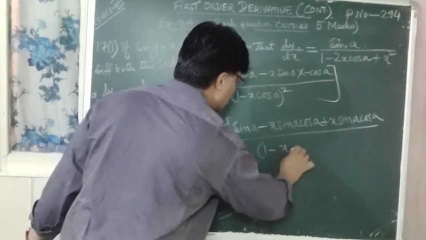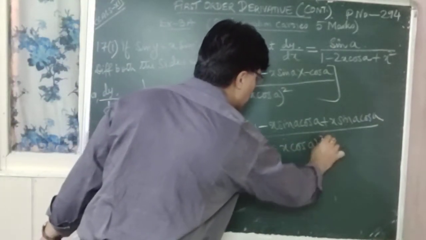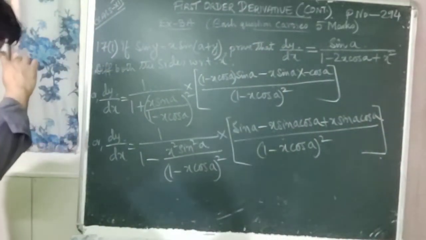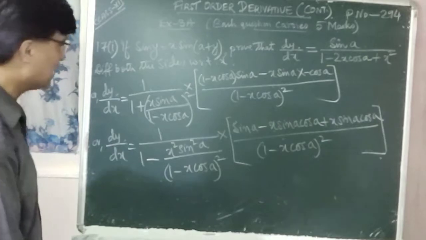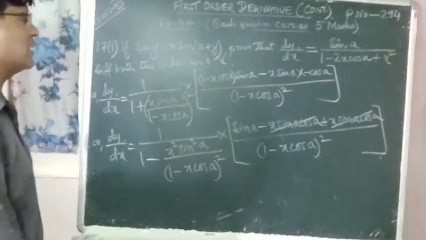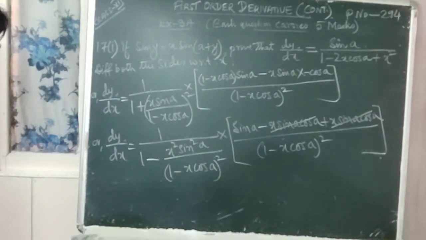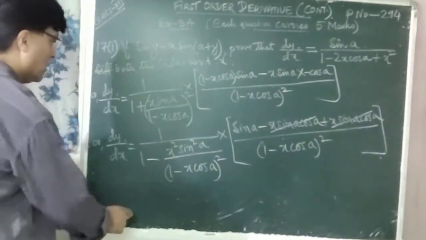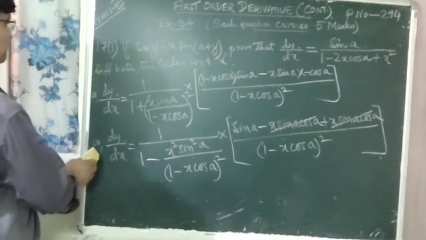It is 1 minus x cos a whole squared. Is that clear now? So here you can cancel this minus x sin a cos a plus x sin a cos a. You can cancel them. So I think you have understood it. Now you can simplify it further.